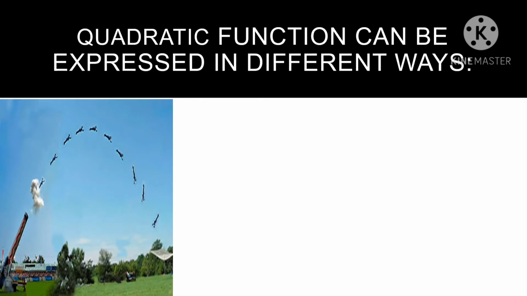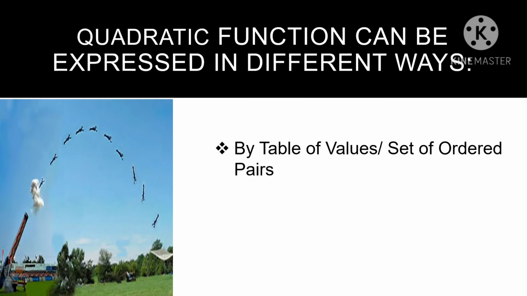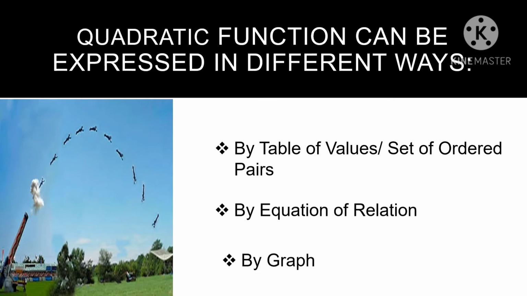We should know also that a quadratic function can be expressed in different ways. We can express a quadratic function by a table of values or set of ordered pairs. We can also express it by an equation or by a graph.